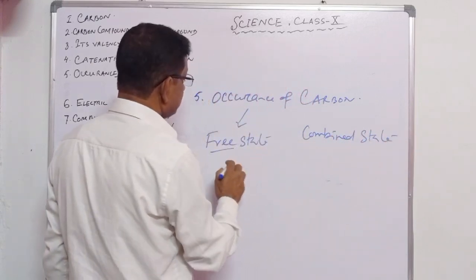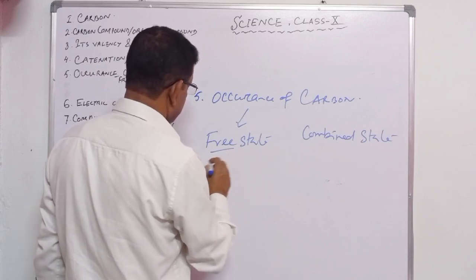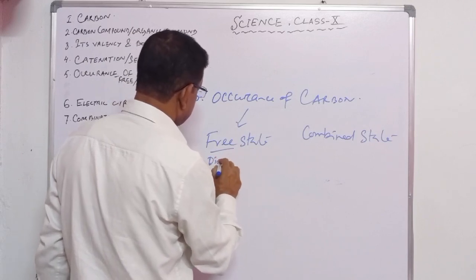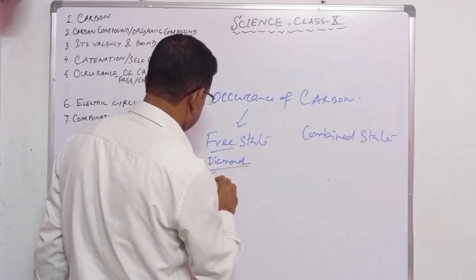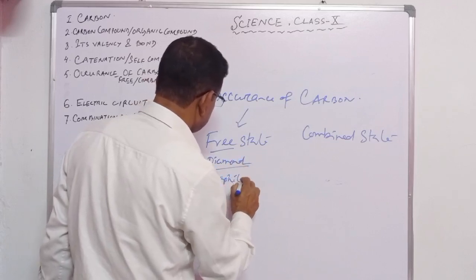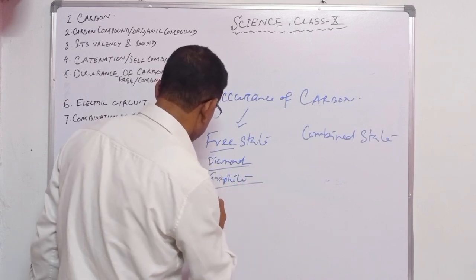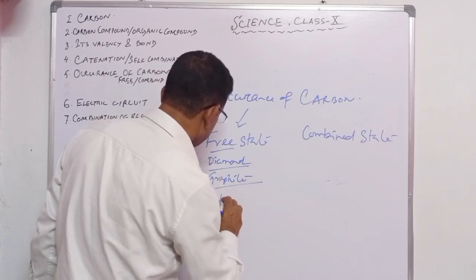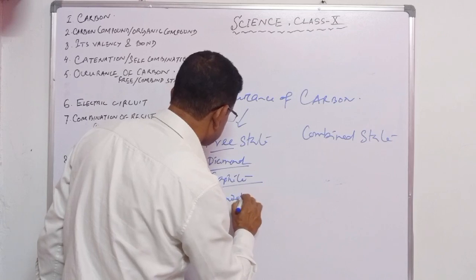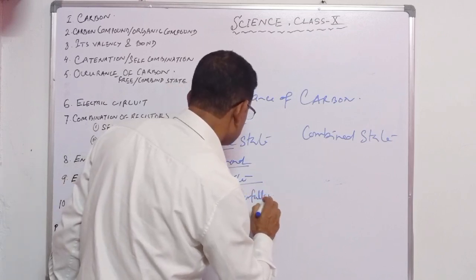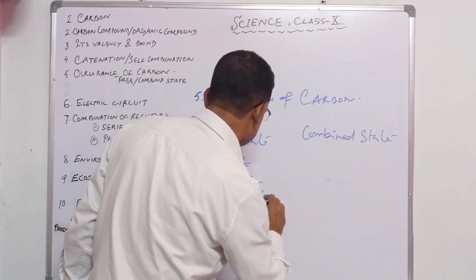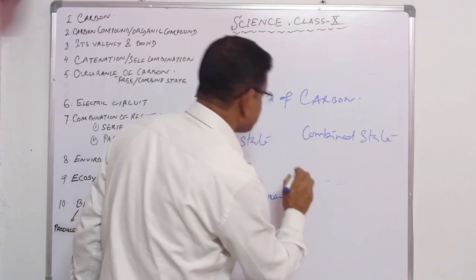In free state, we may get it in diamond, graphite, and also in Buckminster fullerenes.